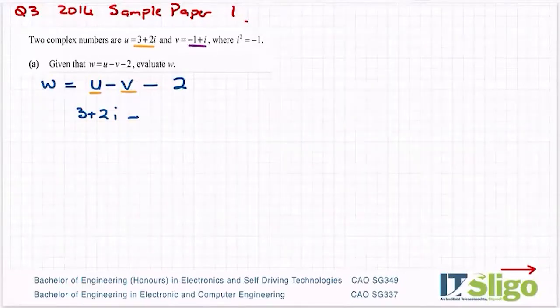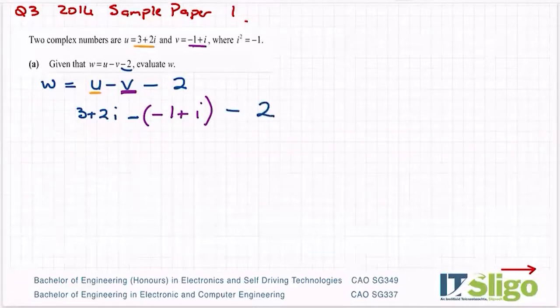Instead of v, I'm putting in minus 1 plus i, okay? And it's minus all of this complex number. So because it's got two parts to it, put it in a bracket to protect yourself, okay? Now don't forget the minus 2 at the end.